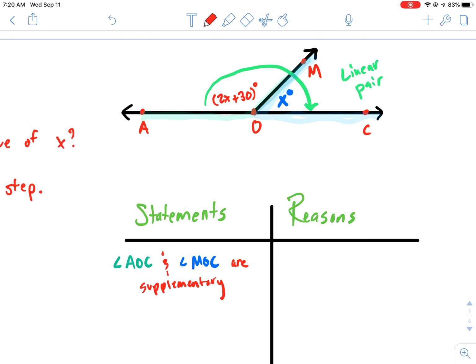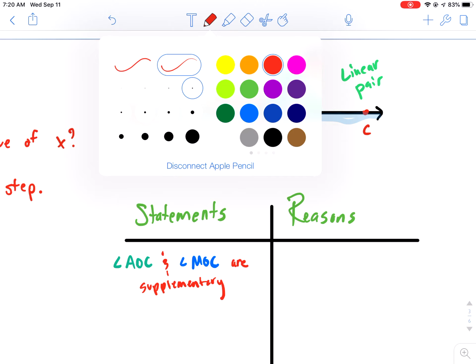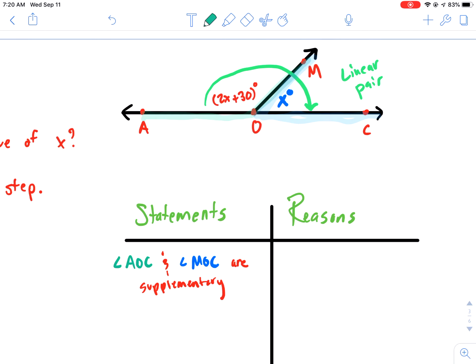Now I just threw out a word. Supplementary means that they equal 180 degrees together. If you remember back to former math classes, two angles adding up to 90 are complementary.